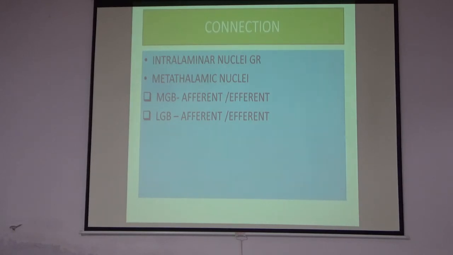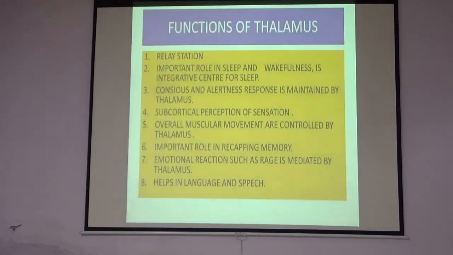So the main two things you have to remember in the metathalamic nuclei is that the medial geniculate body is involved in the auditory pathways, with afferent and efferent connections for that, while the lateral geniculate body has afferent and efferent connections involved in the visual pathway. The afferent is from the optic tract and the efferent is to the visual cortex. This was all about the various connections of the thalamic nuclei.